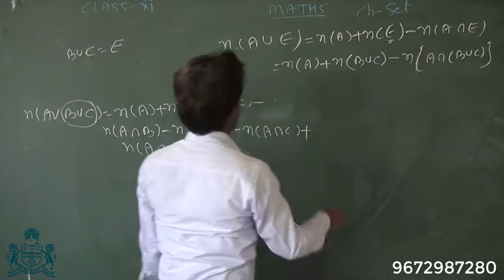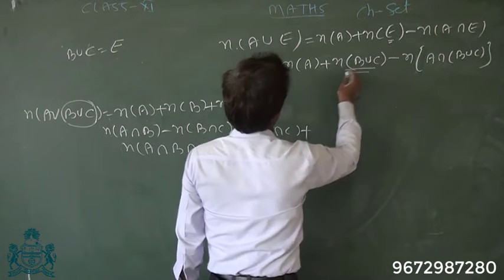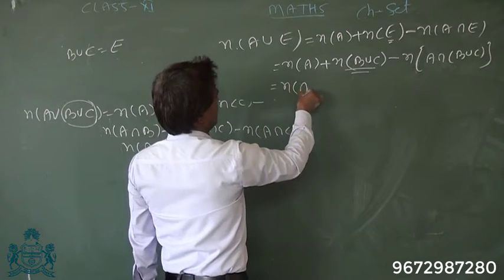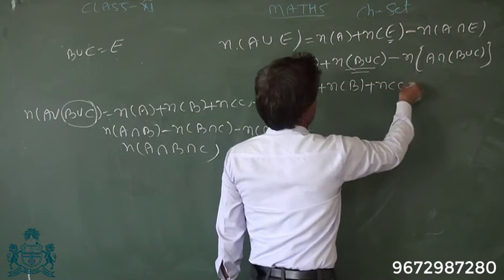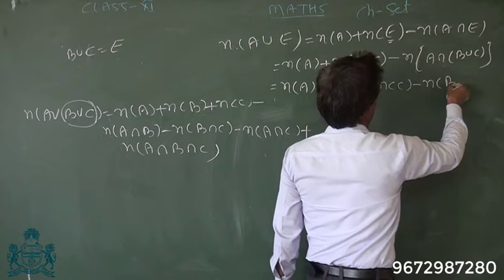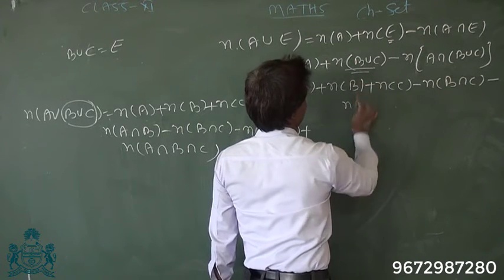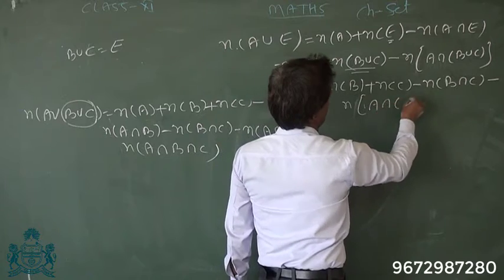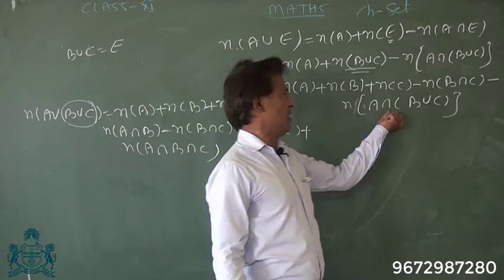Now again apply the formula of A union B in this. So what we get? It equals n(A) plus n(B) plus n(C) minus n(B intersection C) minus n(A intersection (B union C)). Now we apply here the distributive law.